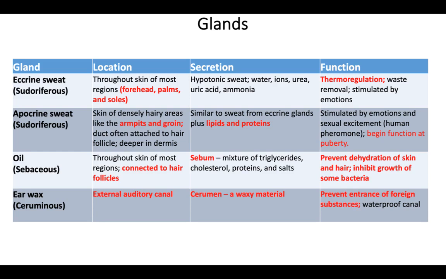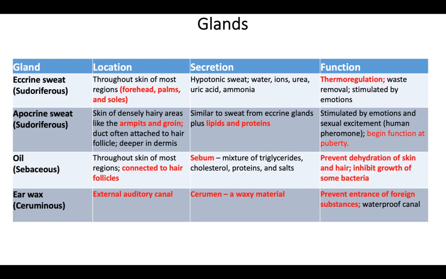So we've got 2 types of sudoriferous glands. Sudoriferous are sweat glands. There are the eccrine sweat glands and the apocrine sweat glands. Major differences include the locations, the sweat's a little bit different, and then the onset.